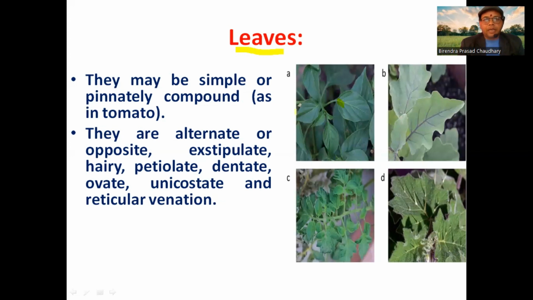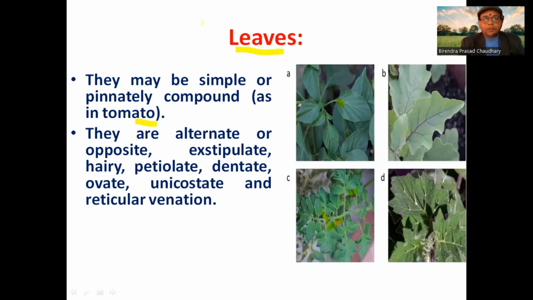Some plants, like the tomato, Lycopersicum esculentum, contain a compound leaf. These are called compound leaves. They are alternate.